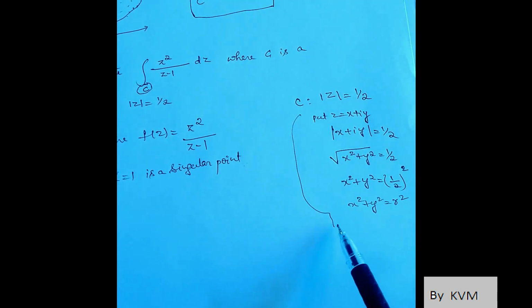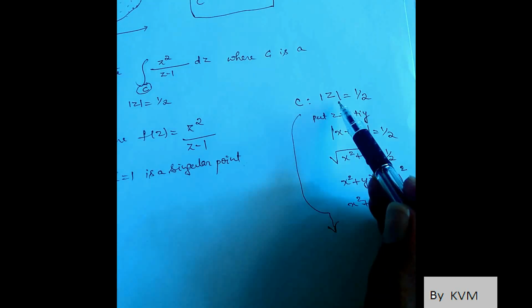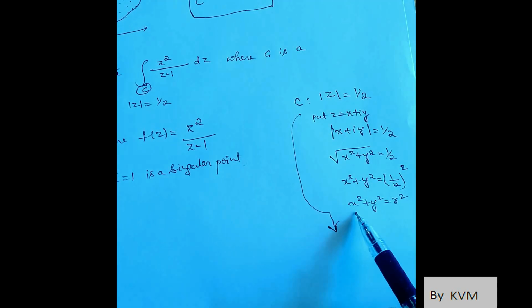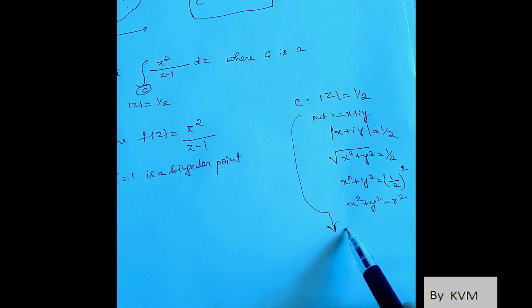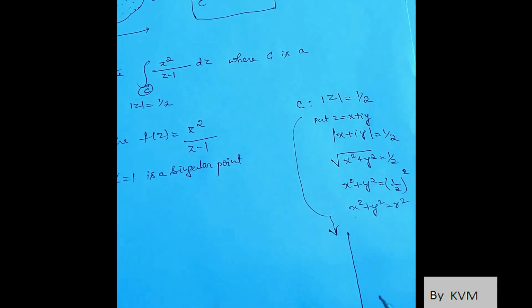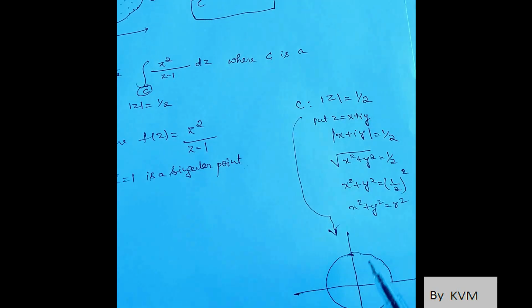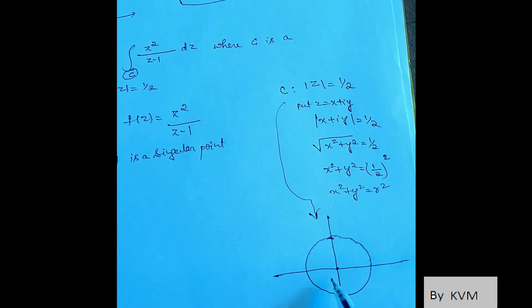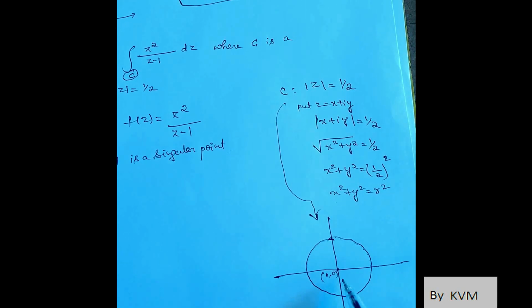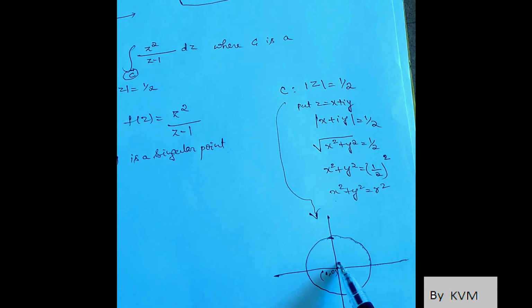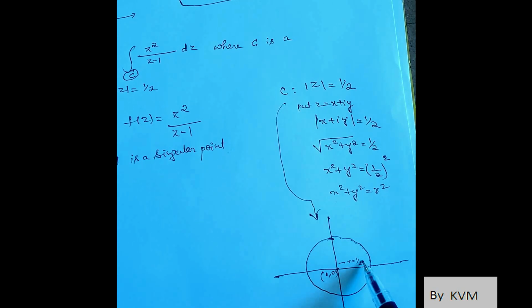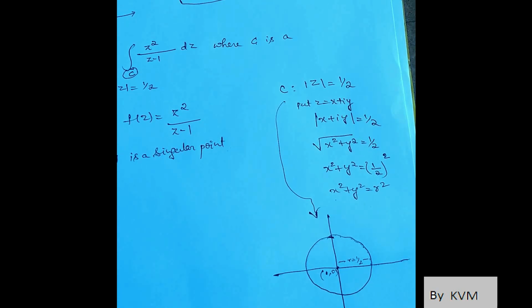So this circle, that is mod z equals 1 by 2 or x square plus y square equals r square, represents a circle with center 0, 0, and radius 1 by 2.